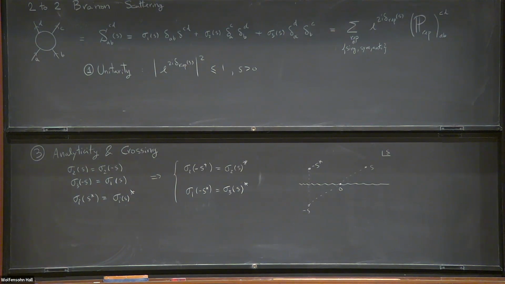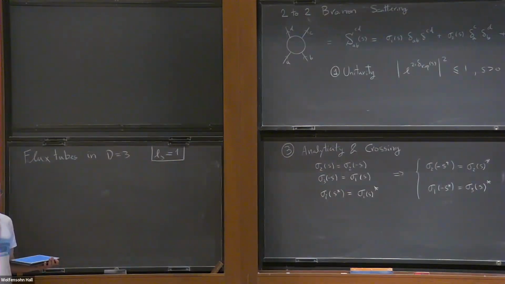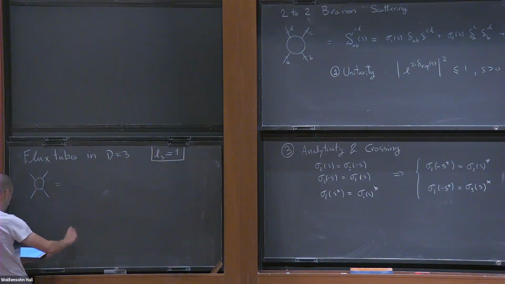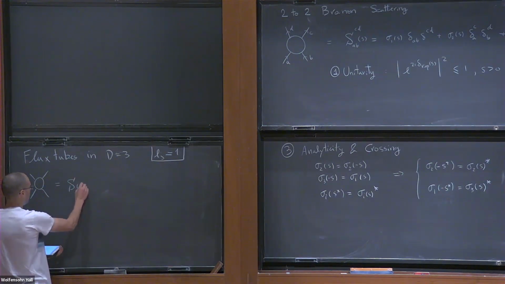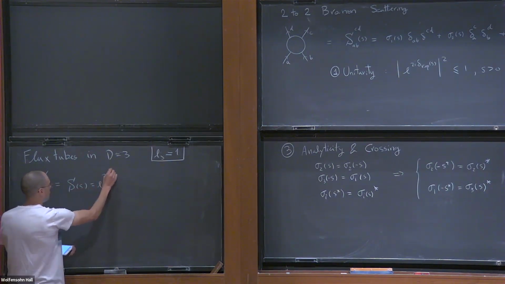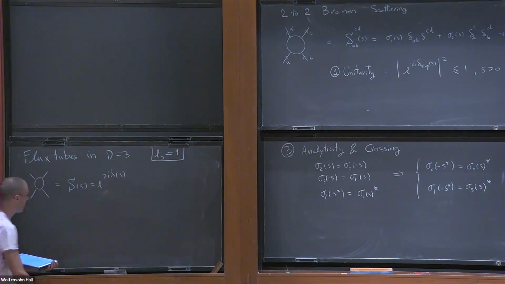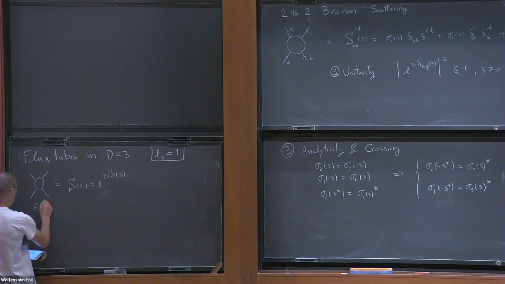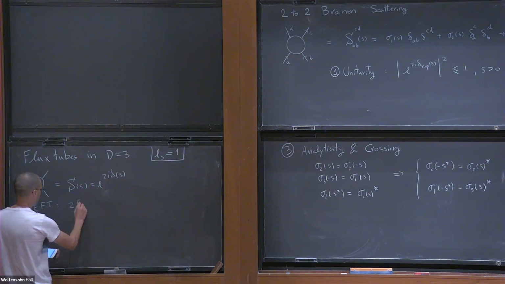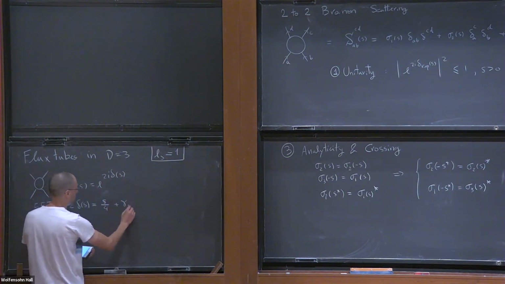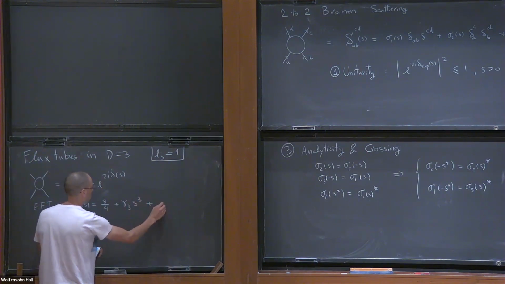So flux tubes in D equals 3 means there's just one transverse direction, just one type of particle. This 2 to 2 scattering of this particle, we call it capital S, and I also defined it in terms of a phase shift, delta of S. In my conventions, the effective field theory meant that this started as S over 4, and then the first non-trivial coefficient appeared at S cubed.